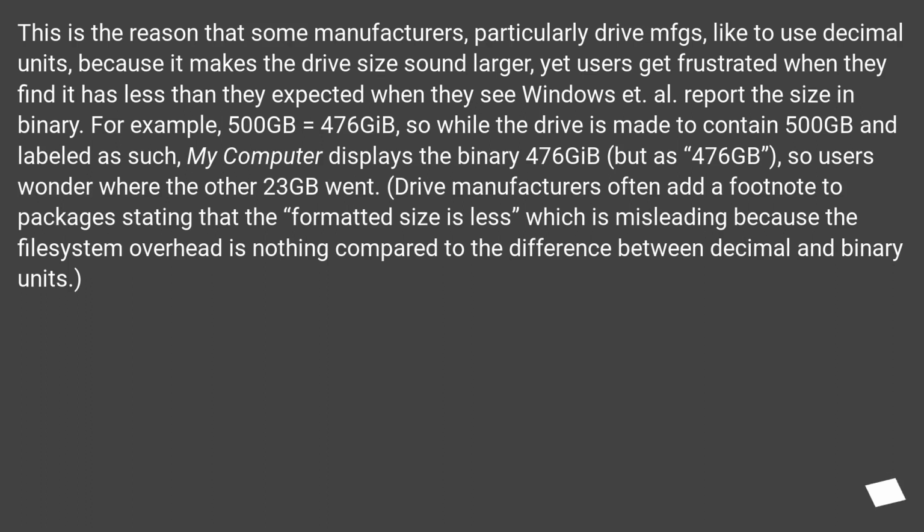For example, 500 GB equals 476 GiB, so while the drive is made to contain 500 GB and labeled as such, my computer displays the binary 476 GiB, so users wonder where the other 24 GB went. Drive manufacturers often add a footnote to packages stating that the formatted size is less, which is misleading because the file system overhead is nothing compared to the difference between decimal and binary units.